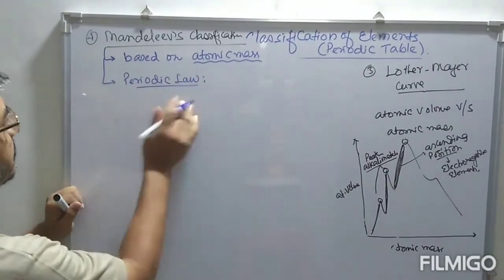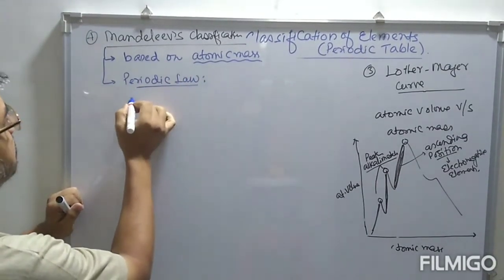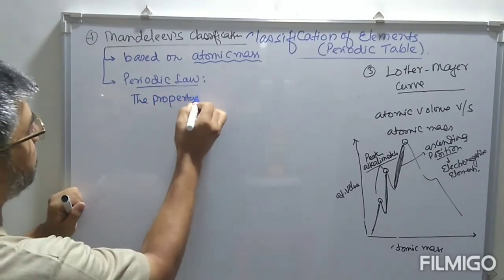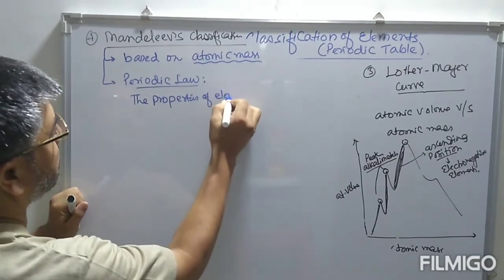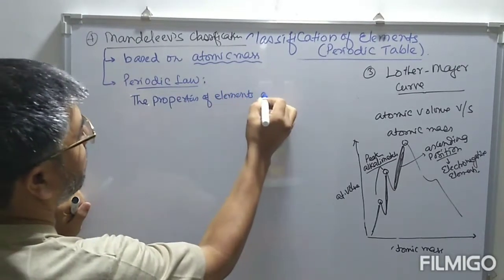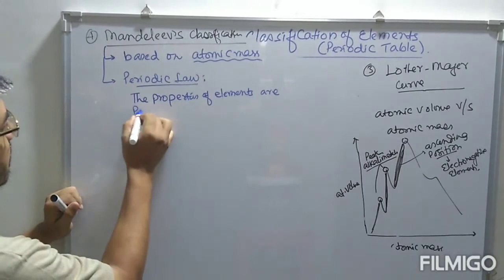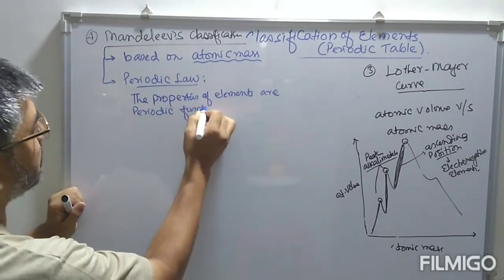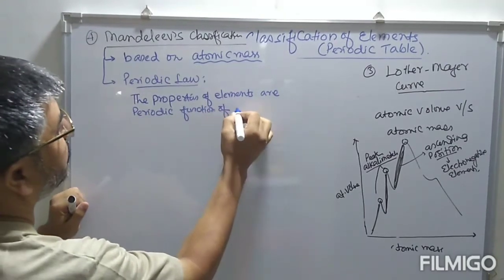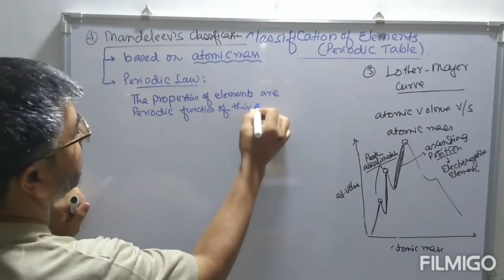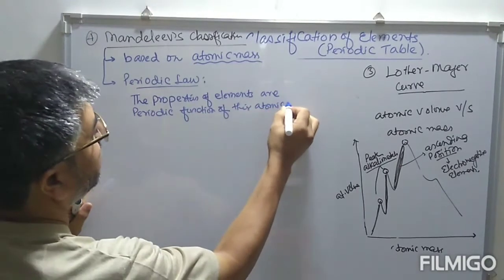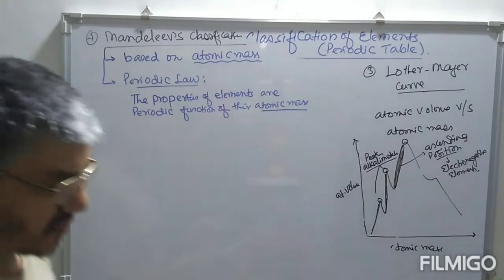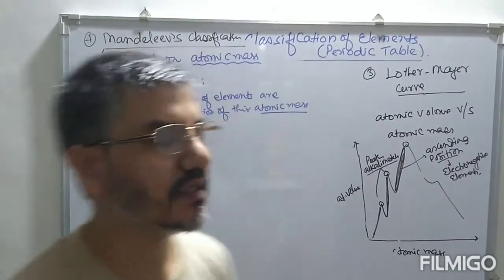So according to this law, the properties of elements are periodic function of their atomic mass. So this is Mendeleev's periodic law.